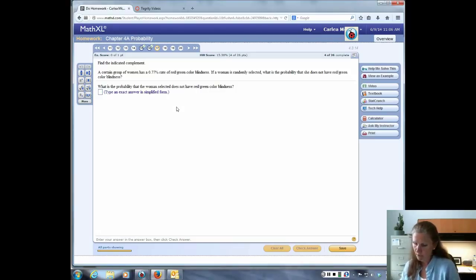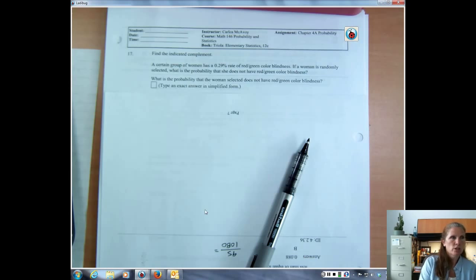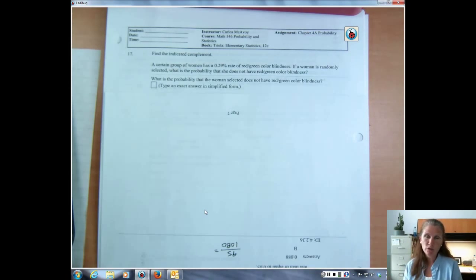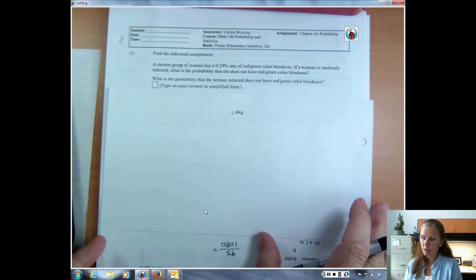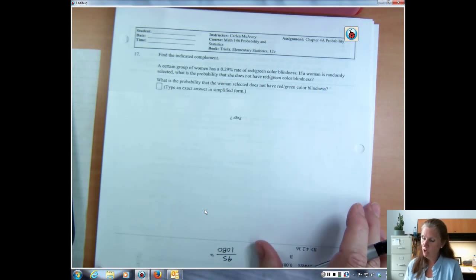You end up getting it because you figure it out, but it's just sort of tricky. So I'm going to show you something on my paper so you don't have the frustration that I had when I answered this question the first time. You have seen me, so you know that I sometimes read and make assumptions and answer too quickly. But that's what makes a problem in this one.